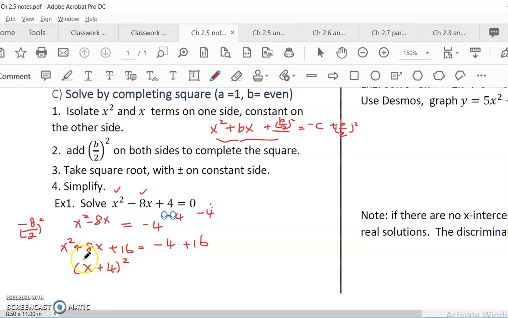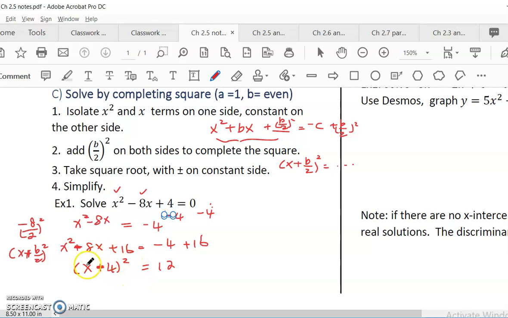It's a subtraction because you have a negative 8. So it factors as x plus b over 2, squared, and in our case it's a minus, equal to 12. The right side is negative 4 plus 16, which is 12.